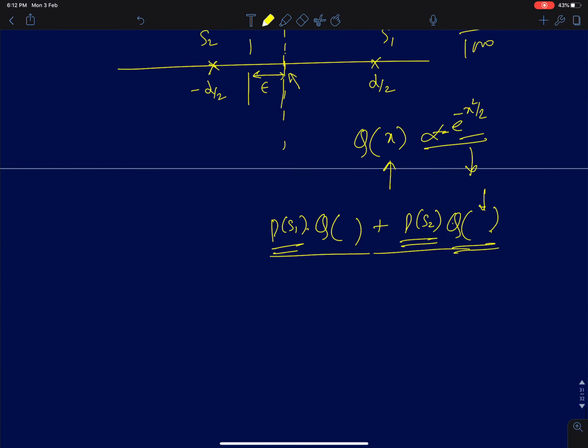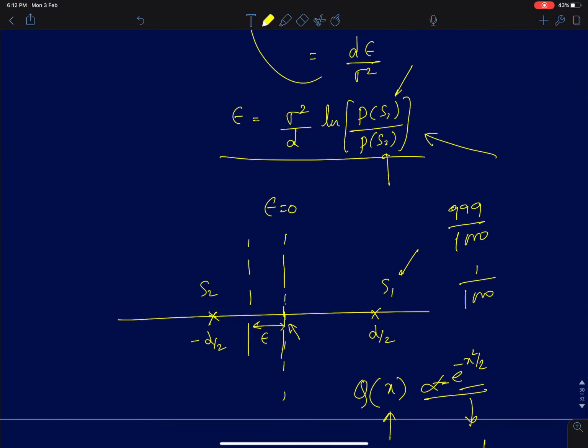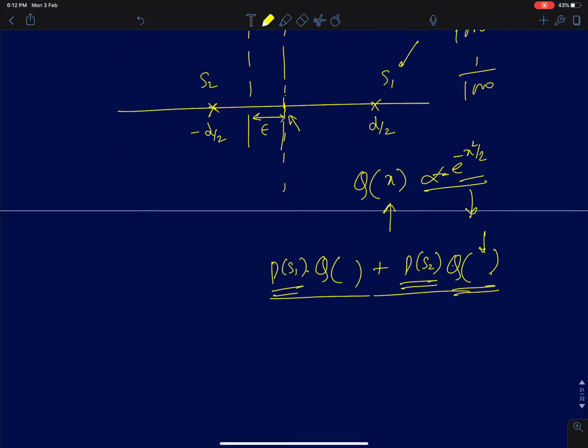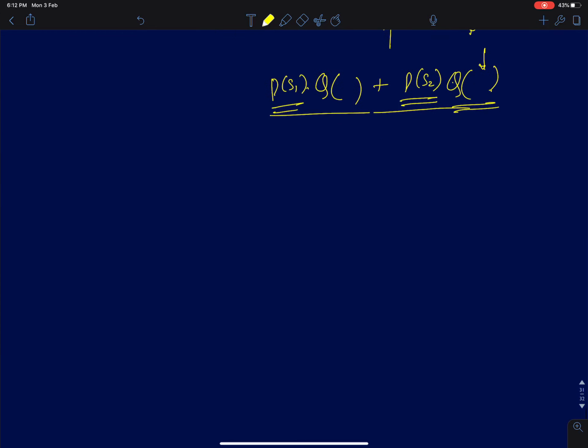So the threshold point, this epsilon, need not be exactly at the center, is all I'm trying to say here. Again, when you receive two signals, they need not be on the same axis. For example, let's say the symbols are actually orthogonal to each other. I have received two symbols with constellation points here. Then you just have to draw a line joining the two symbols.